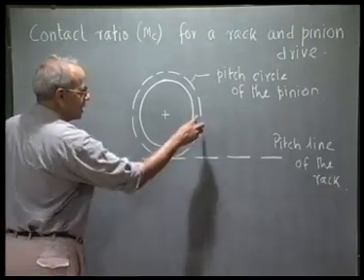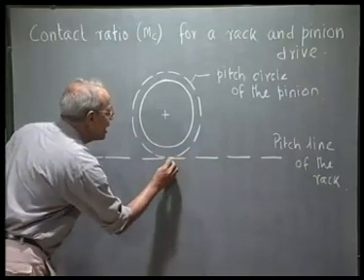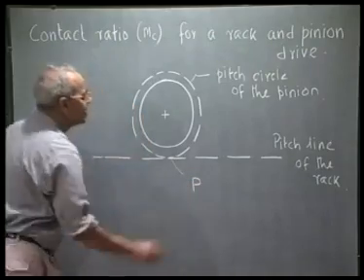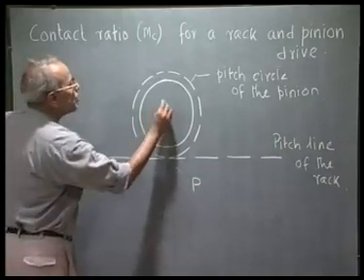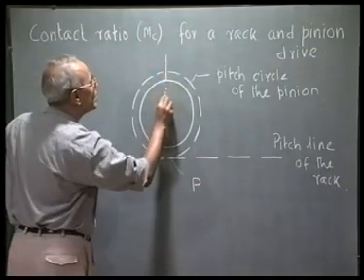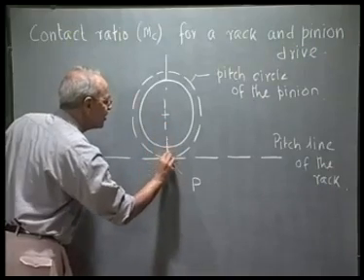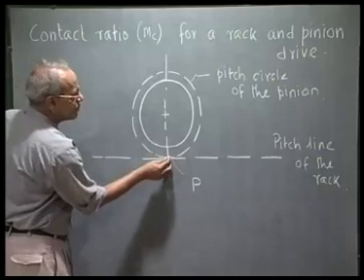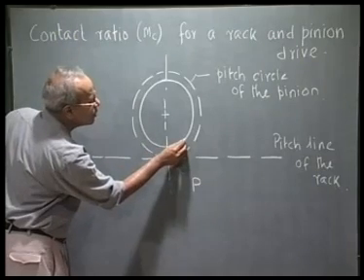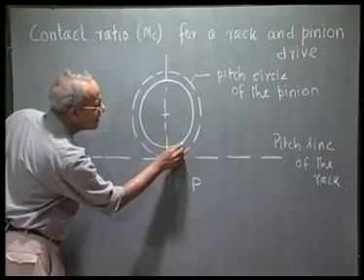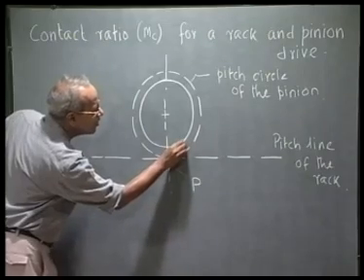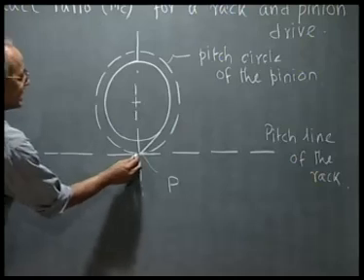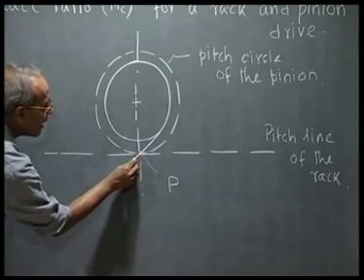This point of contact between the pitch circle and the pitch line is the pitch point, which we denoted by P. From this pitch point, let me draw a tangent to the base circle. This line represents the line of action.